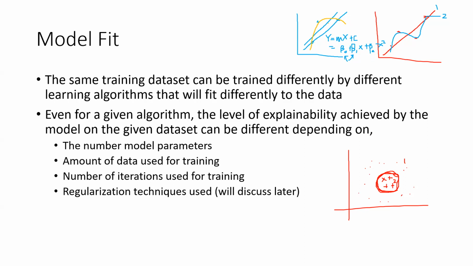But when the model has only two parameters, it cannot fit the three data points, right? And when you add more data points, it cannot fit very well because the model cannot fit all the data points with its capability, right? The capability is its number of parameters.